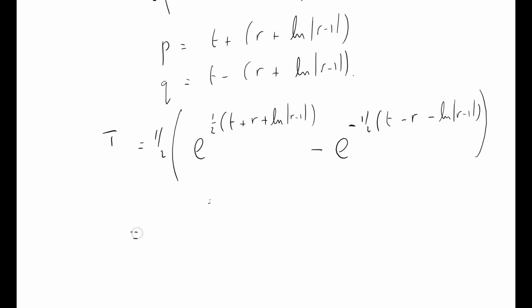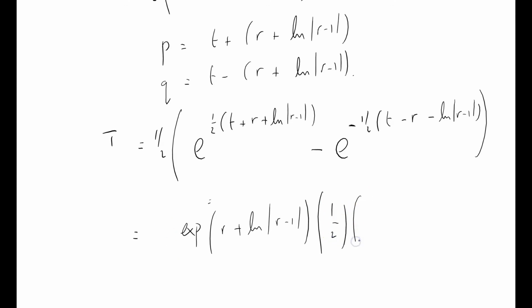Equals a half times, I'm going to factorize by r plus log mod r minus 1. And what have I got left? Actually I'm going to put the half there. You'll see why in a minute.